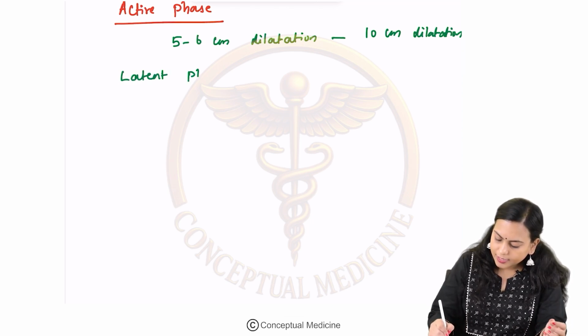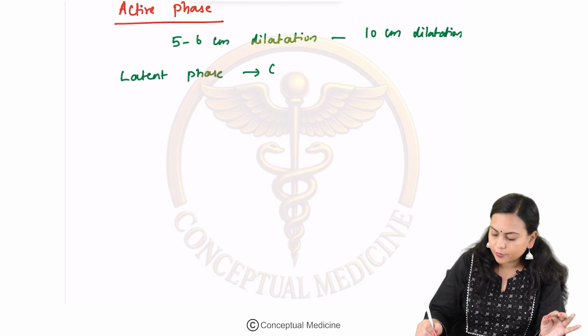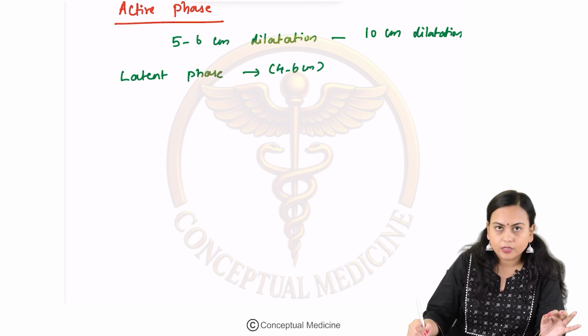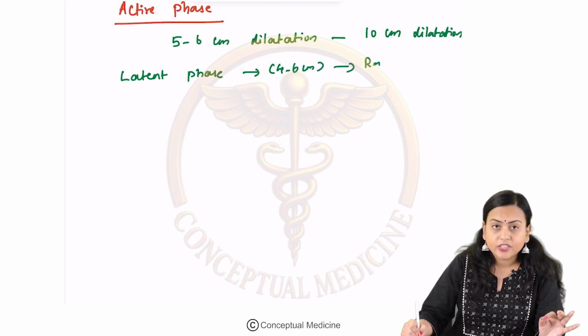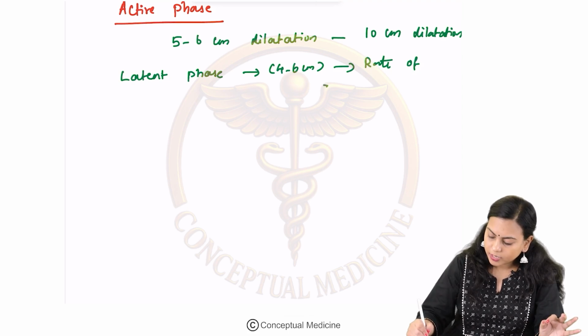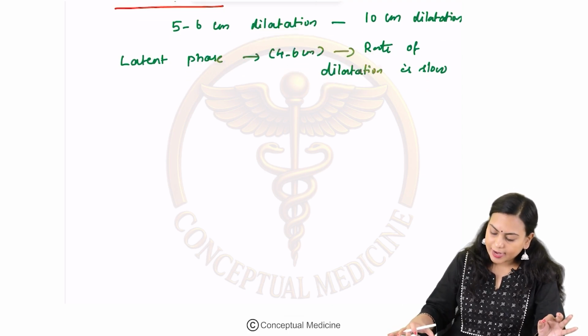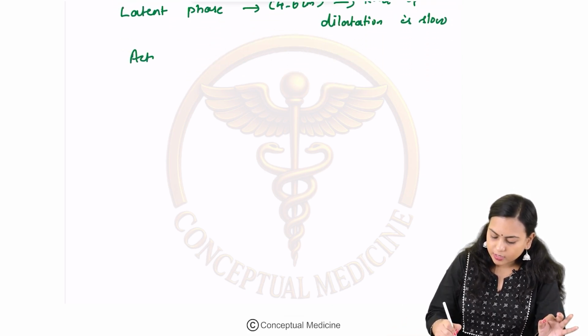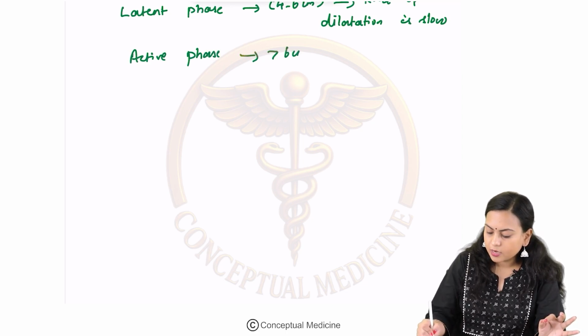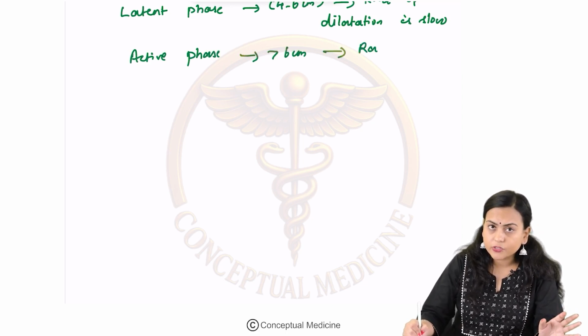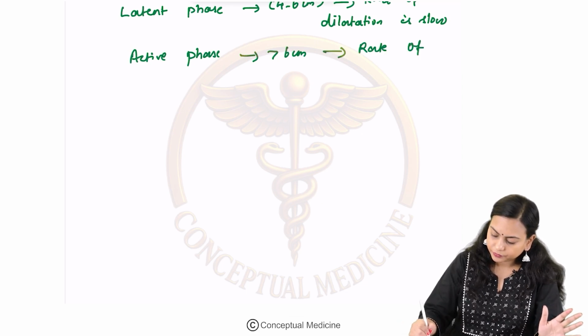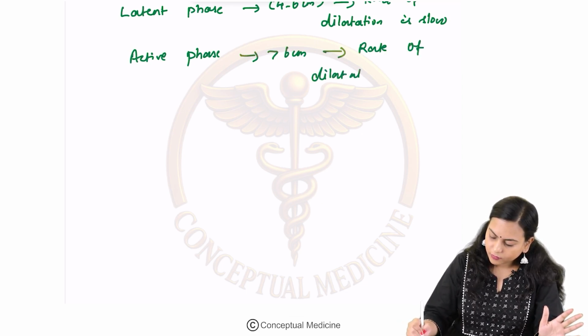Usually in the latent phase, that is up to 4 to 6 centimeters, the rate of dilatation is slow. But in active phase, after 6 centimeters, the rate of dilatation is going to be fast.